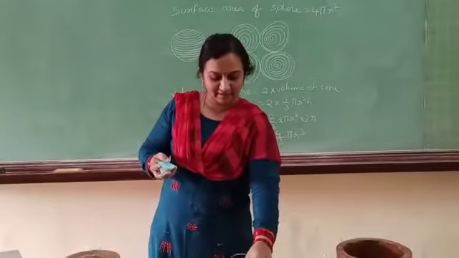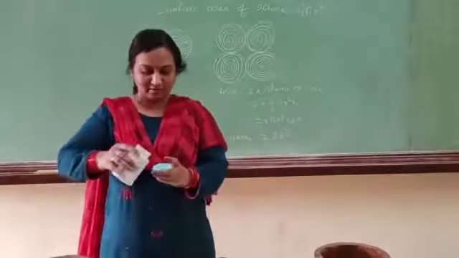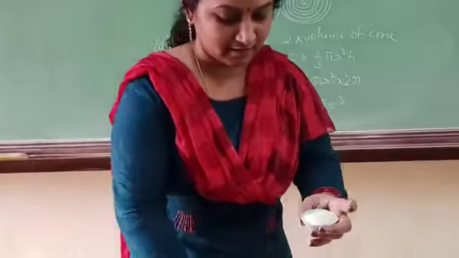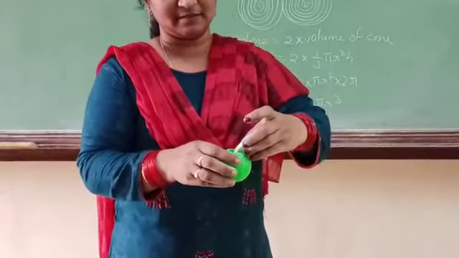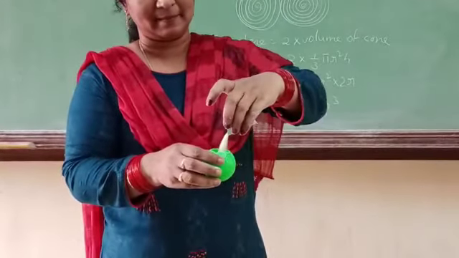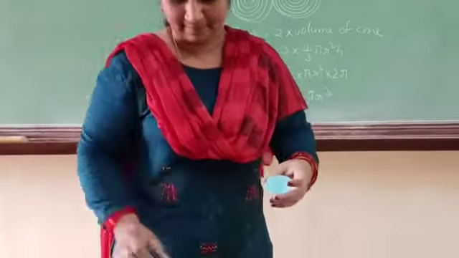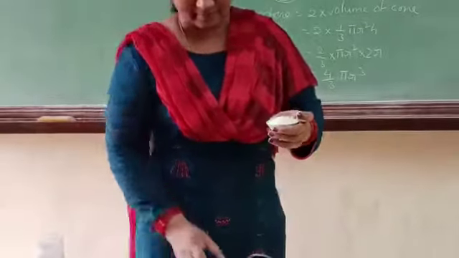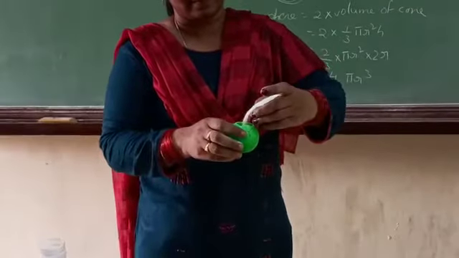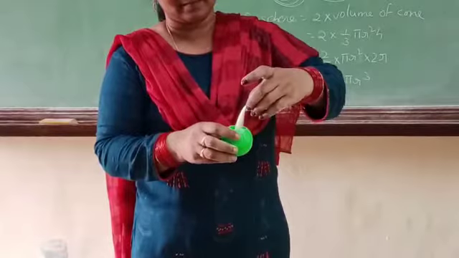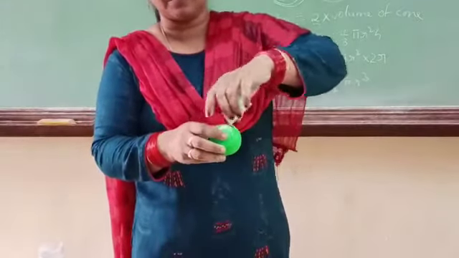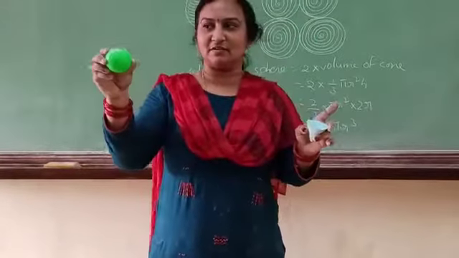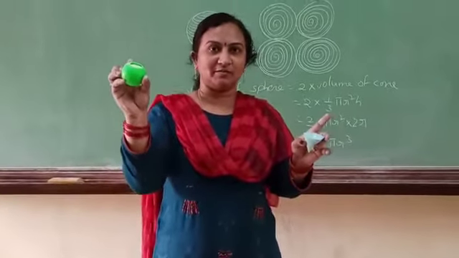If you fill the cone into the sphere, you find that 2 times the volume of a cone is equal to 1 time the volume of a sphere.